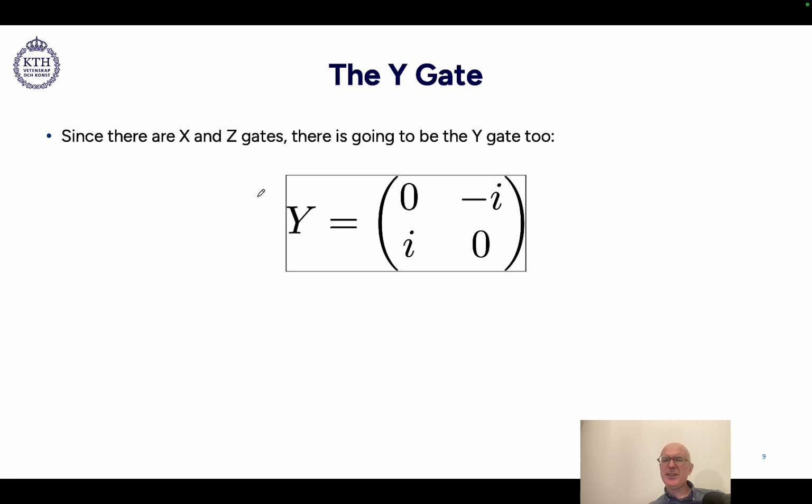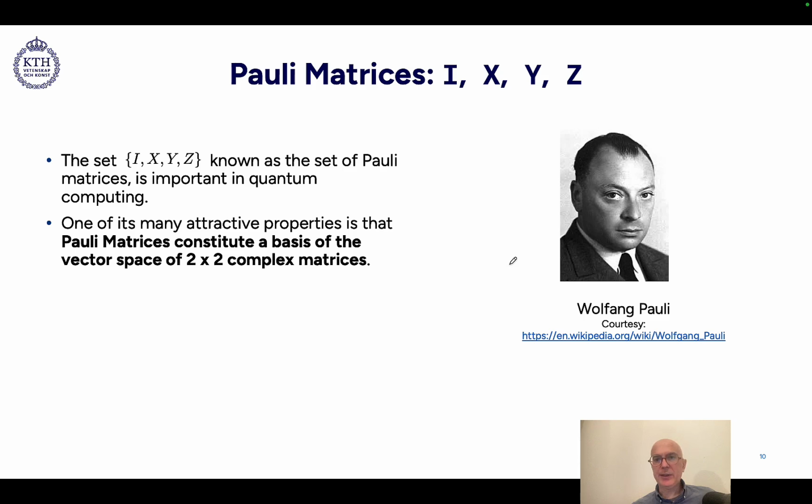Since there are X and Z gates, there is also a Y gate. And why so? Well, these represent some sort of rotation along three different axes, X, Y, and Z. That's why I'm saying that we could expect that. So the matrix formulation of the Y gate is on these slides here. Pauli matrices take their name from Wolfgang Pauli, one of the fathers of quantum mechanics.